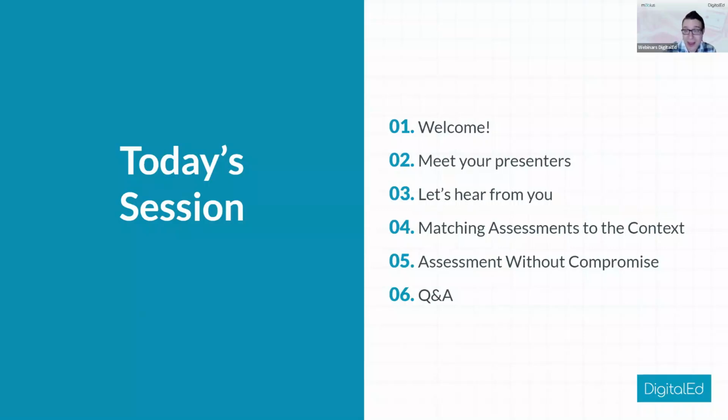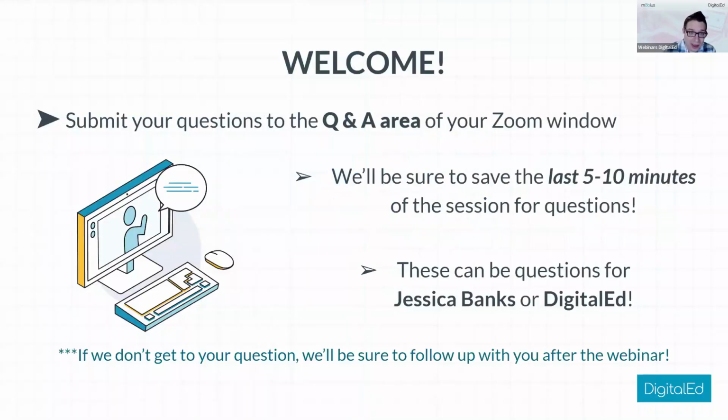When it comes to Q&A, there is a Q&A window in your Zoom toolbar. Next to the chat, there's Q&A. Throughout the webinar, if you have any questions, feel free to type them directly into the Q&A window.